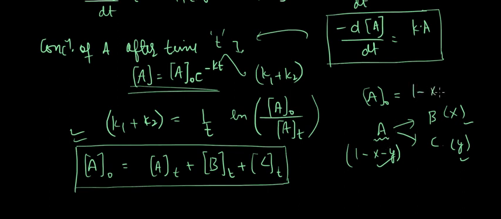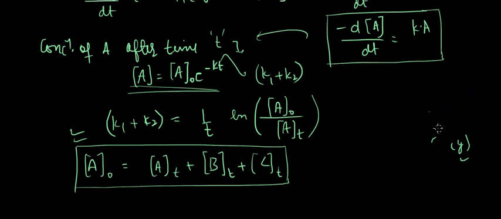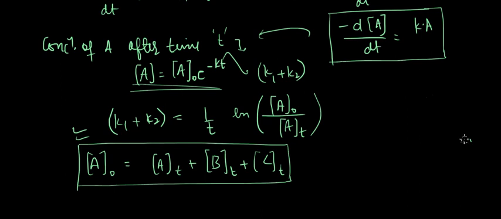So that would be 1 minus x minus y plus x plus y. X and y can vary according to time, but the sum will not vary and the initial concentration will always remain the same. Hence, this verifies the fact that A naught would indeed be equal to At plus Bt plus Ct. Okay, so this is very important in this case.